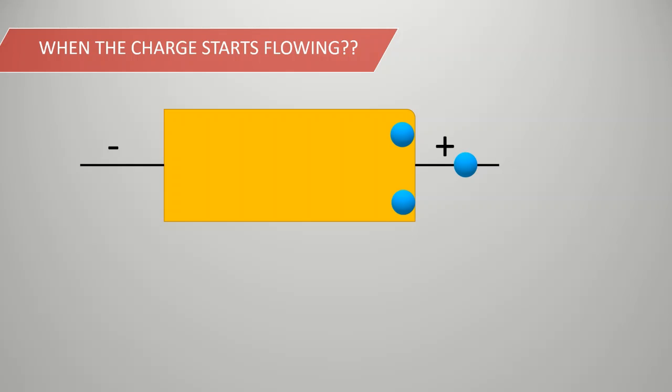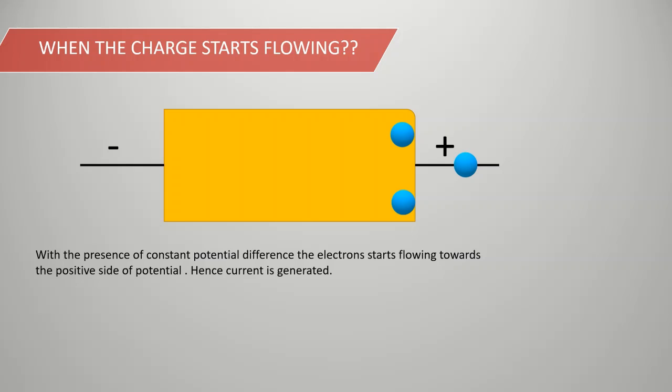The positive terminal is deficient in electrons, while the negative terminal has an excess of electrons, and thus they travel from the lower potential region to the higher potential region. Positive potential is higher and negative potential is lower. With a constant potential difference, the electron travels from negative potential to positive potential.